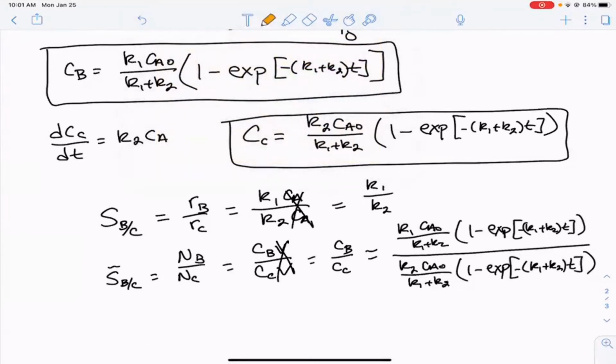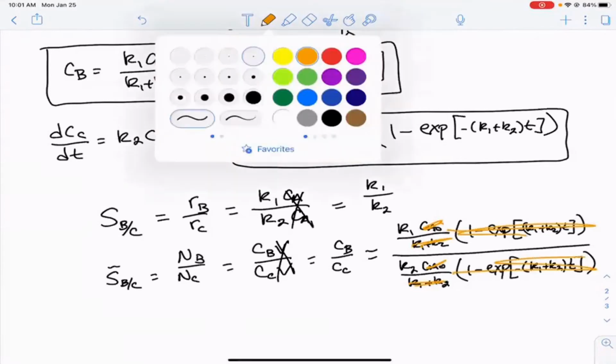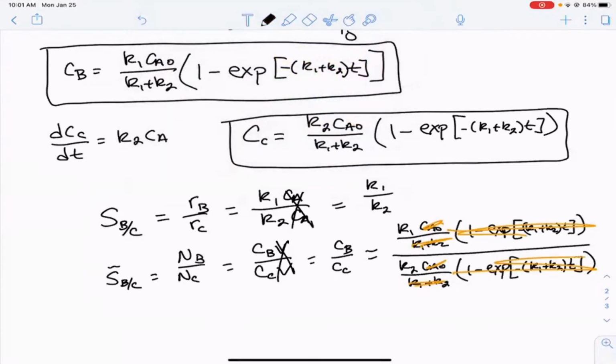And even though that might look somewhat daunting, well, those cancel, and those cancel. And so we end up with this expression for the overall selectivity, also for this very simple reaction of K1 divided by K2.